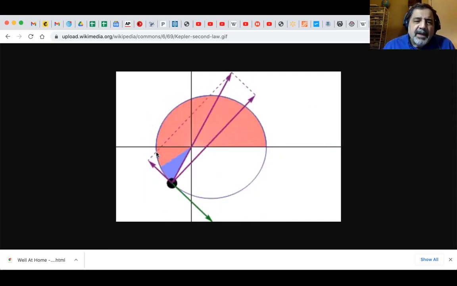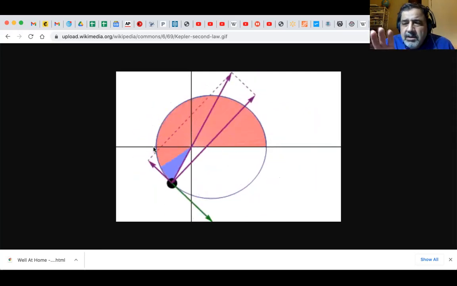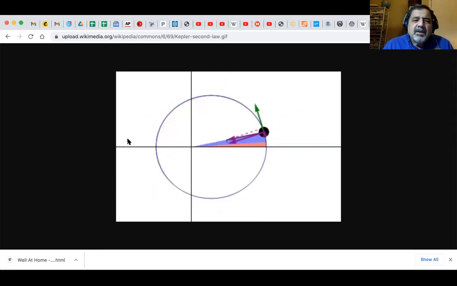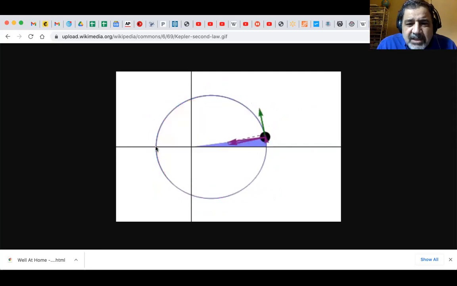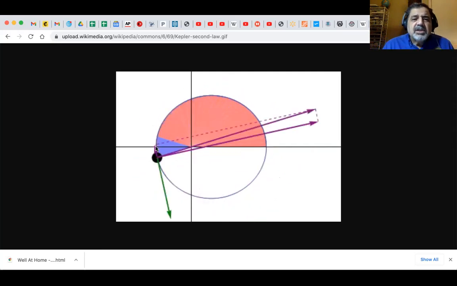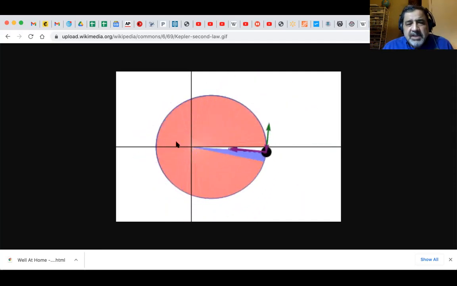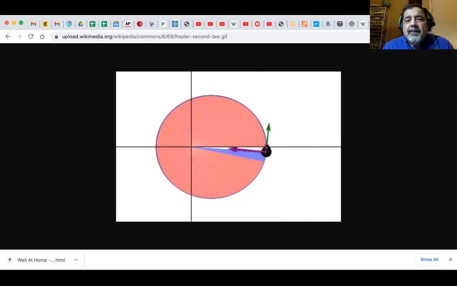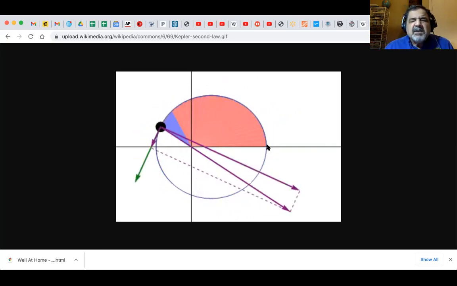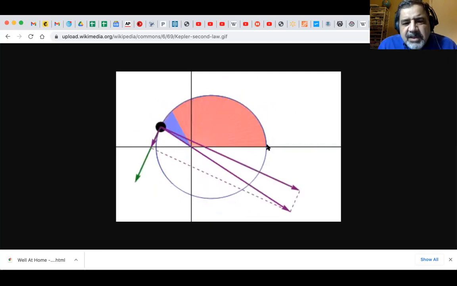So at the perihelion, the total energy remains the same, but you can see the green velocity vector is the greatest on this side. So this is where the kinetic energy is the greatest, and the potential energy is less here just because the distance is less. On this side, the aphelion, some people say affelion, I like aphelion because I like to keep the helio in there for the sun.